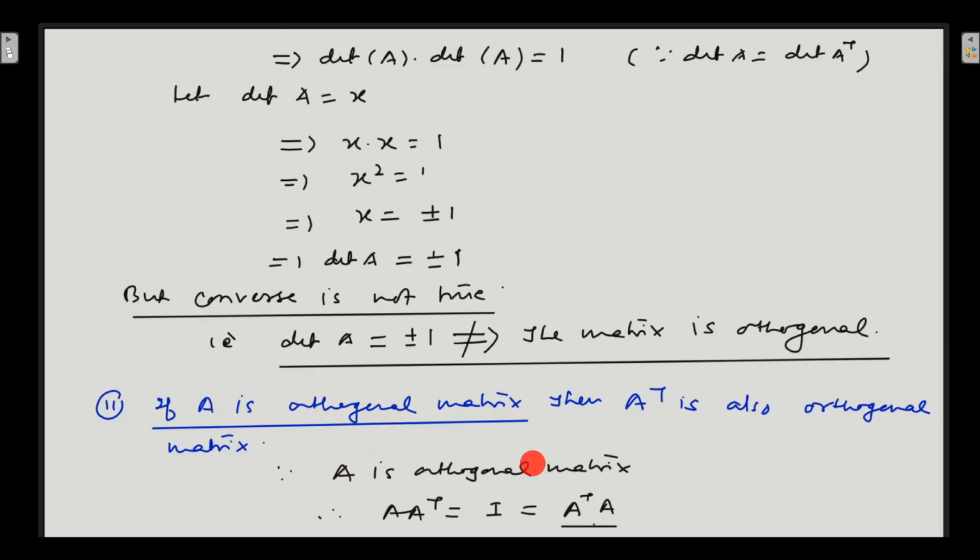If A is orthogonal, then this condition will hold good: A A transpose will be equal to the identity matrix, and that will be equal to A transpose A. This is from the definition of orthogonal matrices, which we learned 2 lectures ago: A A transpose is equal to I and A transpose A is equal to I, and all of them are equal.